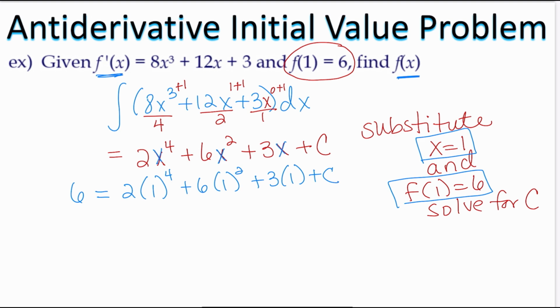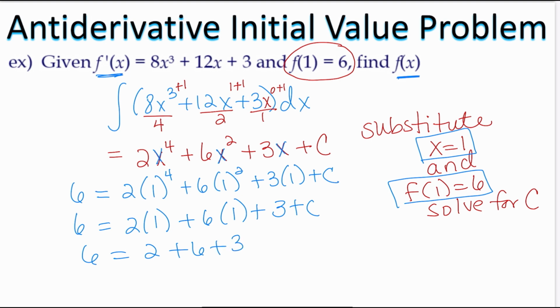So now I can solve for c. 6 is equal to 2 times 1 to the 4th power, which is 1, 1 to the 2nd power is 1, 3 times 1 is 3. So this means 6 equals 2 plus 6 plus 3 plus c. That is 8 plus 3, which is 11. So 6 equals 11 plus c.